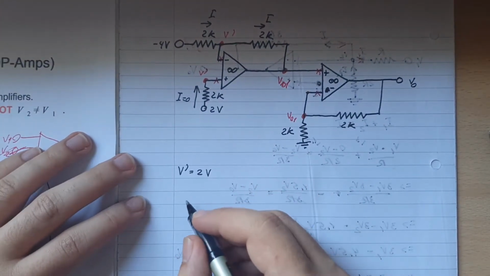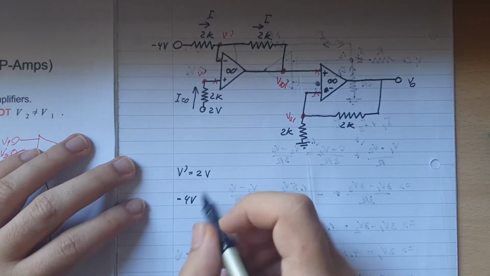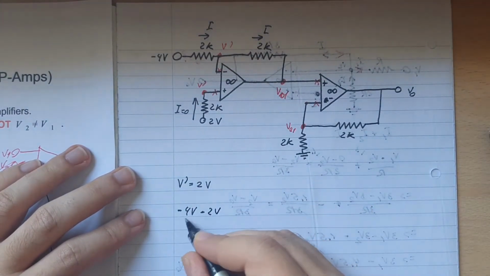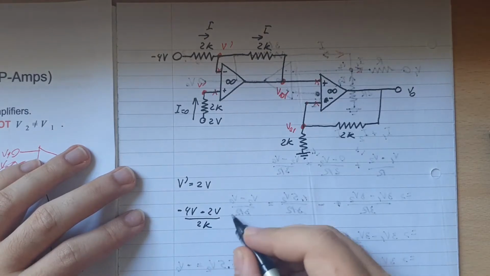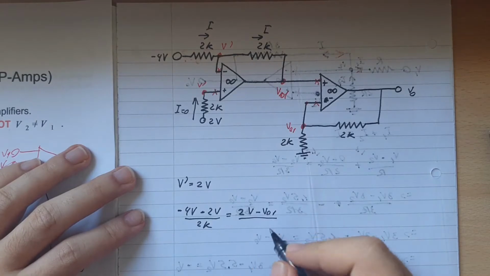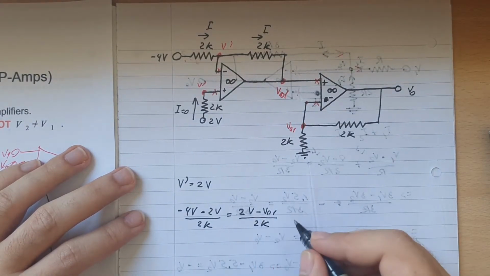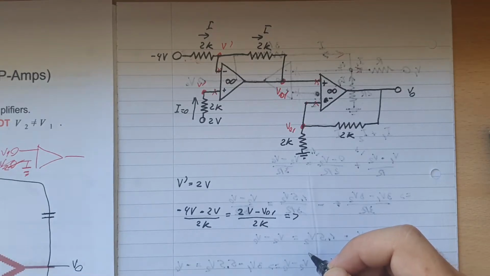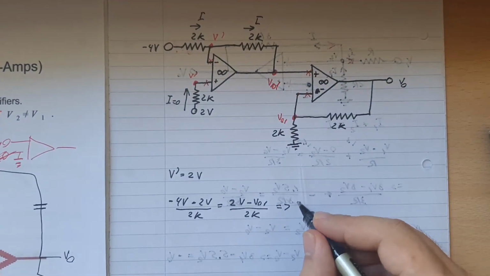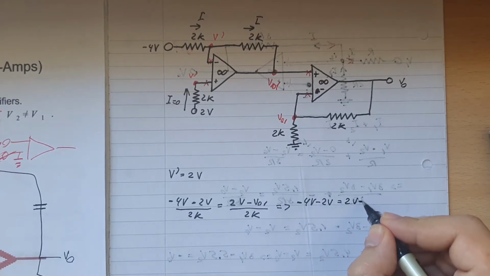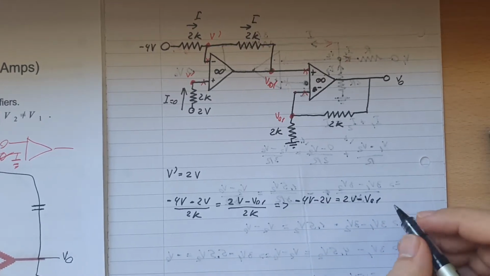So minus 4V, the input, minus 2V divided by 2K, will be equal to 2V minus VO1 divided by 2K. It's got the same denominator, and therefore minus 4V minus 2V will be equal to 2V minus VO1.